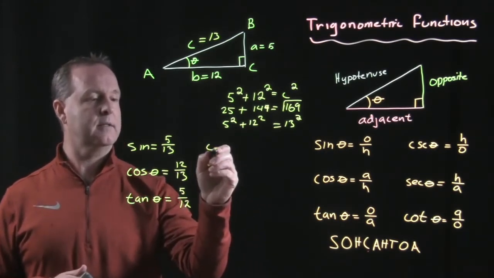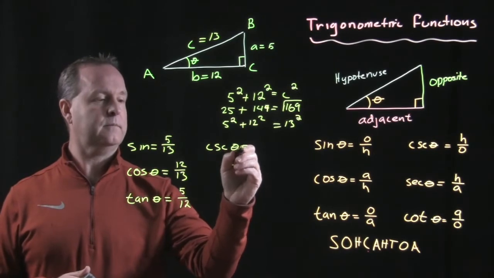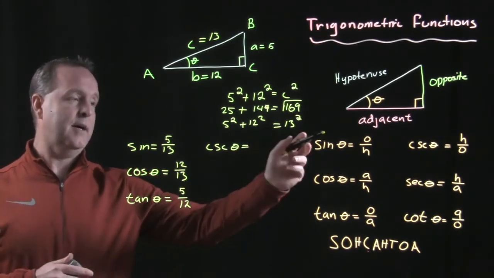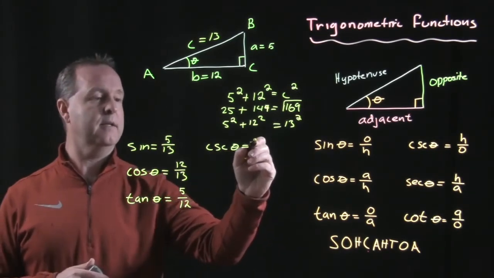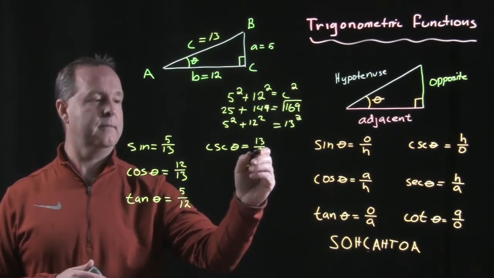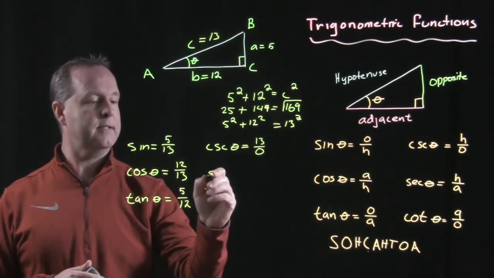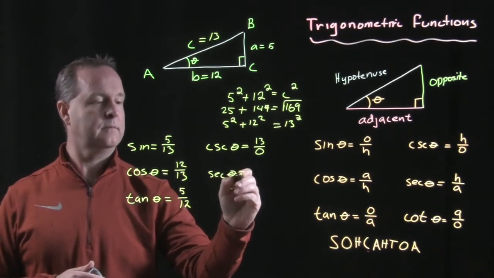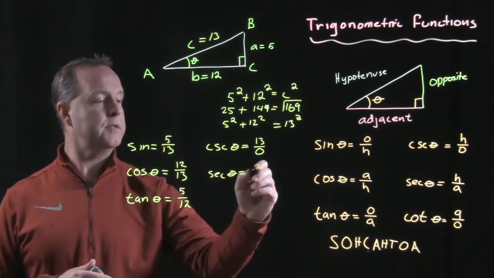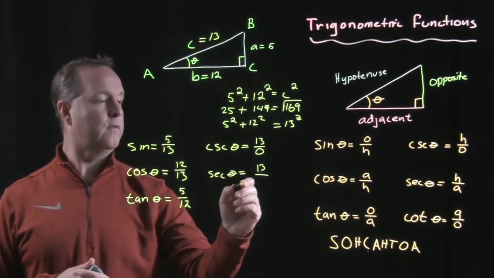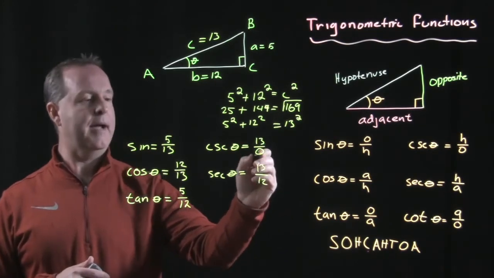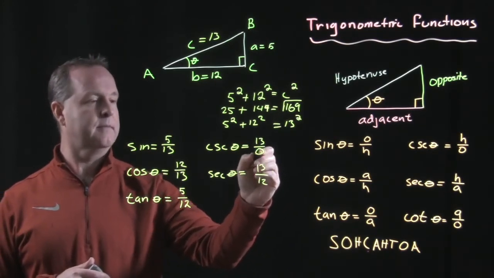The cosecant, that was hypotenuse, which is 13, over opposite. The secant is hypotenuse over adjacent, which is 12. I put opposite on that one. That's a 5, isn't it?